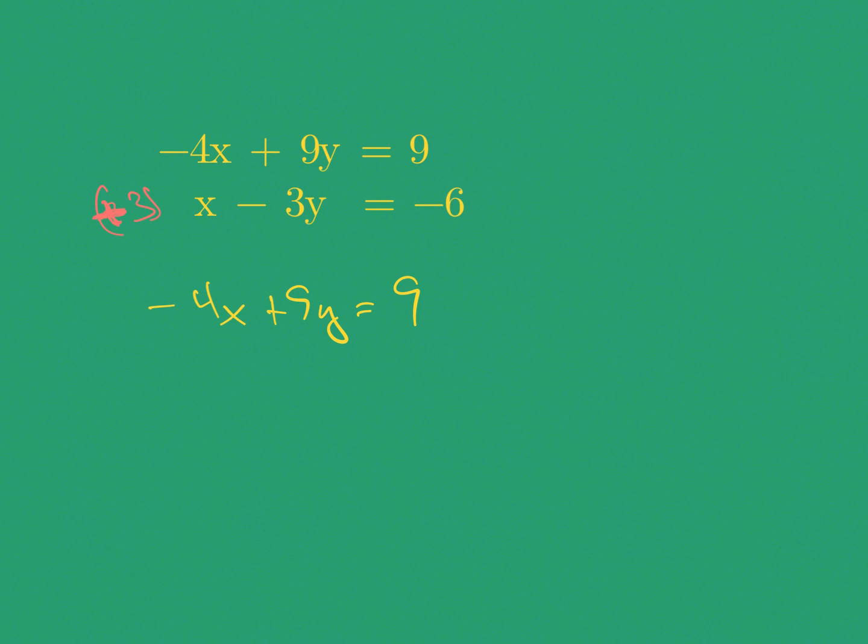So 3 times 1x is 3x. 3 times negative 3y is negative 9y. And 3 times negative 6 all the way over here is negative 18.